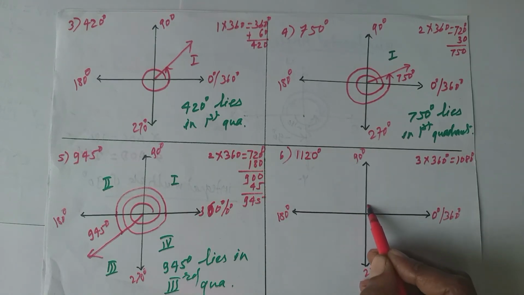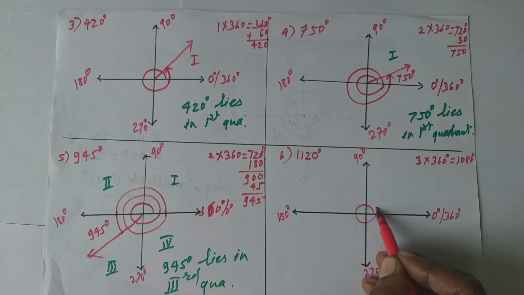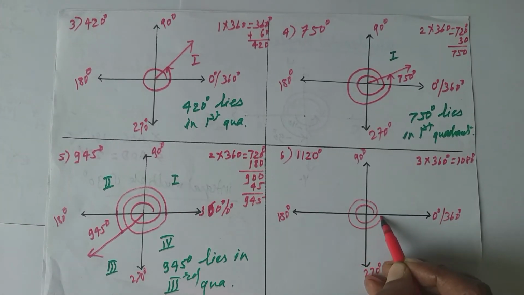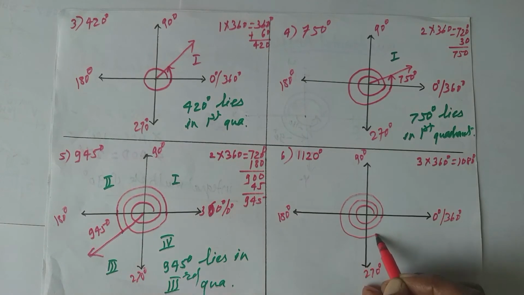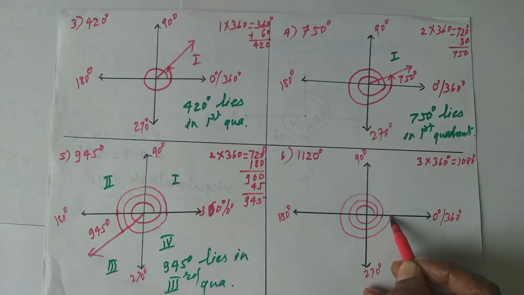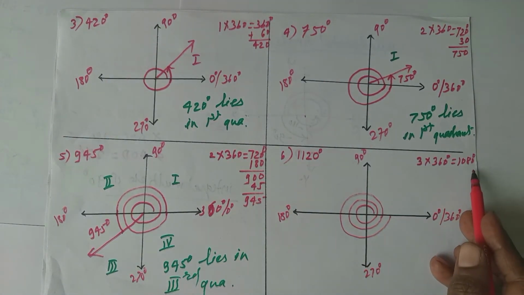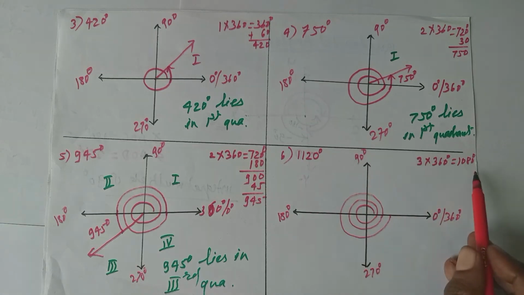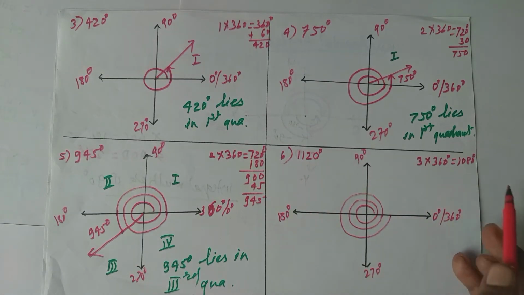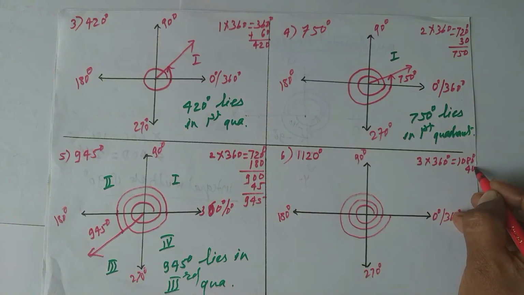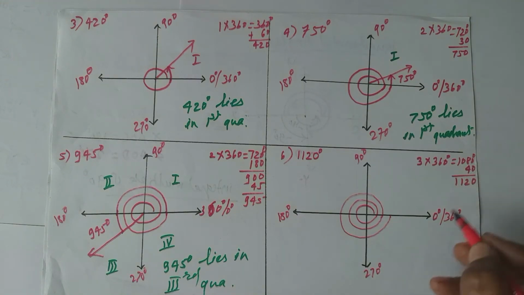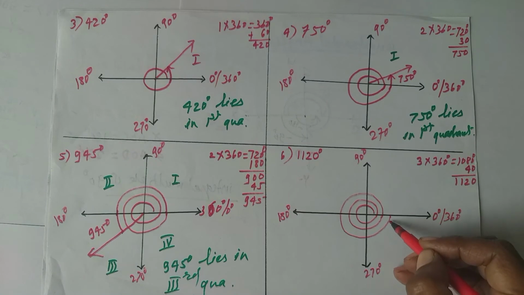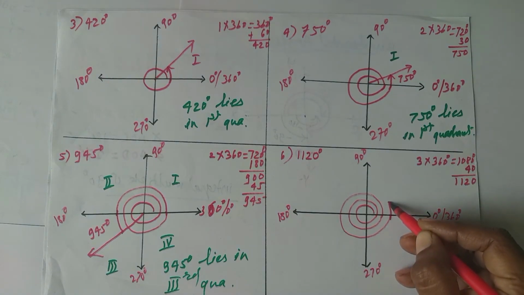Now if I rotate the first time, then the second and third rotation. After the third rotation, an angle of 1080 degrees forms. Now, to get the angle of 1120, how much do we have to add to this 1080? I have to add again 40 degrees. Then I will get 1120. Means I have to move 40 degrees ahead.